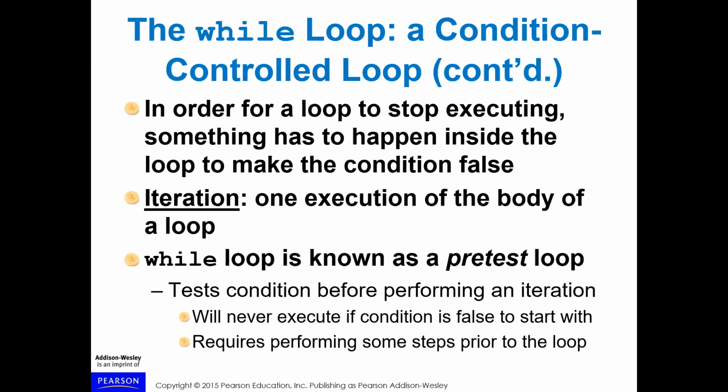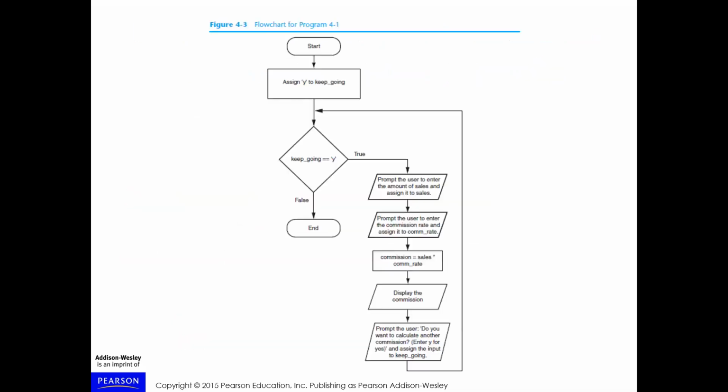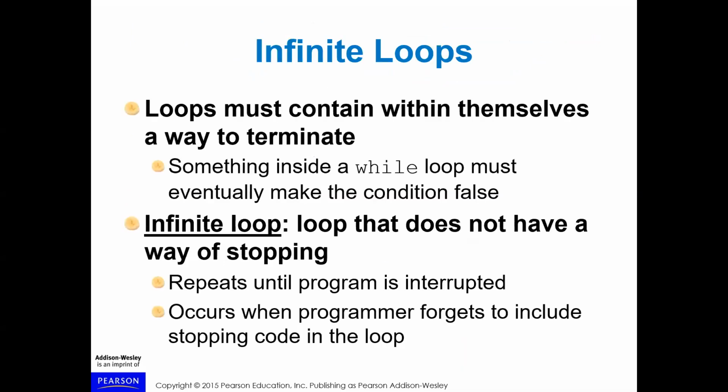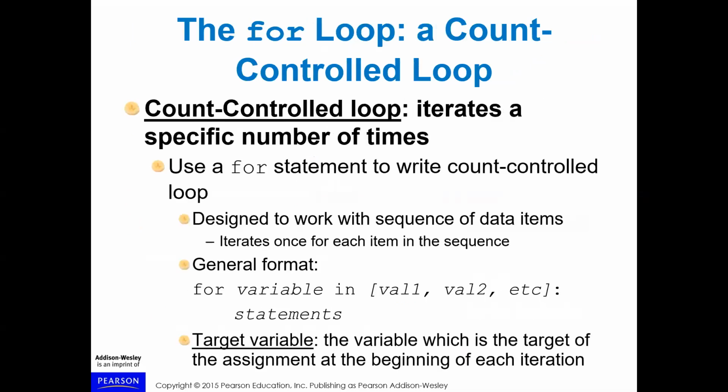We talked about this slide. We talked about this flowchart as well. We talked about infinite loops, and that's just forgetting how to stop our loop. And I remember we talked about the for loop, where we stated that it was a list basically, right?